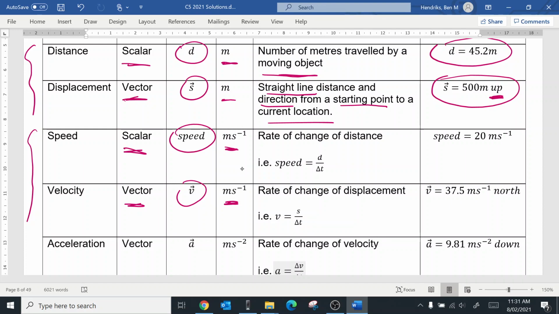Speed is the rate of change of distance, represented with this equation there. Velocity is the rate of change of displacement. So velocity relates to displacement and speed relates to distance. Again, for velocity we have a direction compared to no direction for speed.